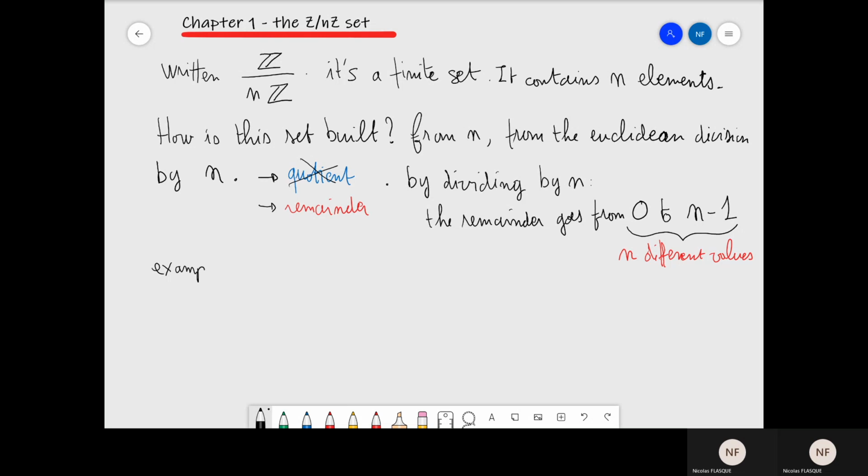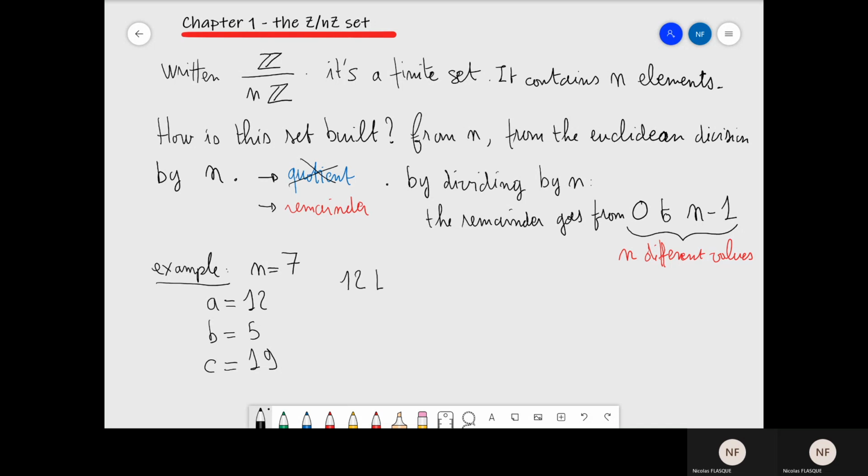So for example, let's take a little value for n. n is equal to 7. That will help us have a simple example. And let's consider 3 different numbers: A is 12, B is 5, C is 19. And now let's make the Euclidean division of A, then B, then C by n.